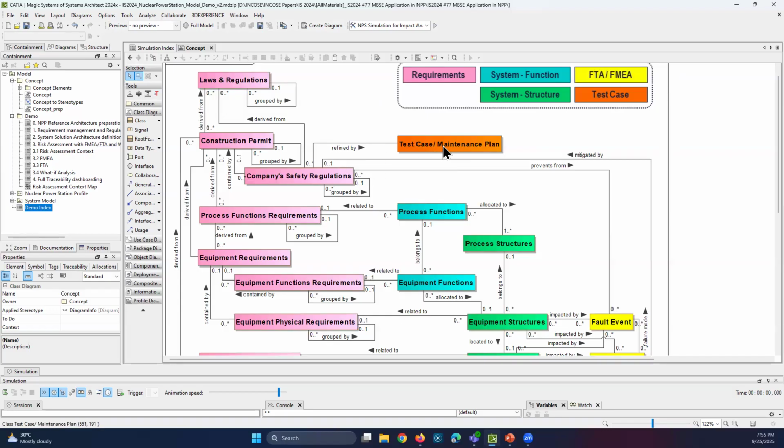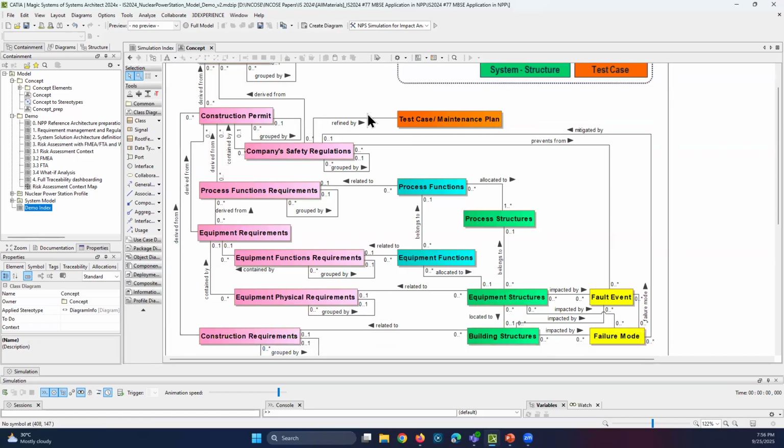Then we look into the test case that represents the maintenance plan. It will also be a part of the artifacts being modeled. So we also highlight them as a part of the terms, and you will see that each of the company safety regulations has test cases or maintenance plans to refine them to be concrete, right?